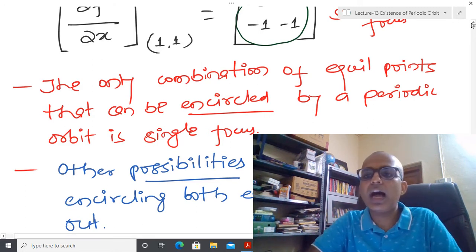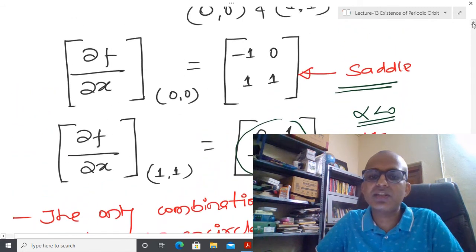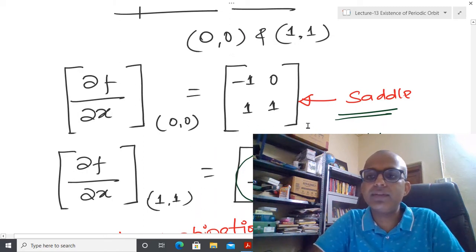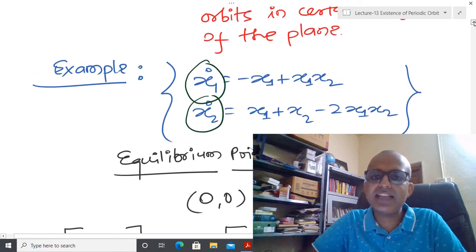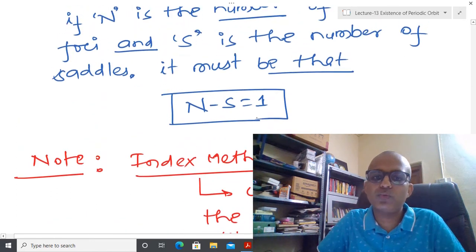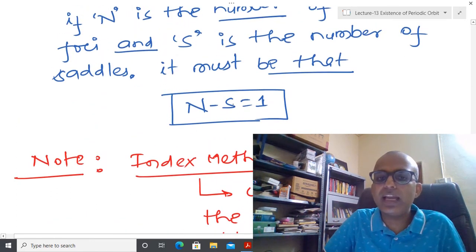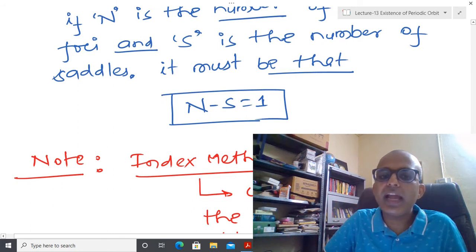Because we have just established this kind of behavior: if this relation is satisfied, that n minus s equal to +1, where s is the number of saddles. If s equals 0 and n is the number of all nodes and foci, then n equals 1.